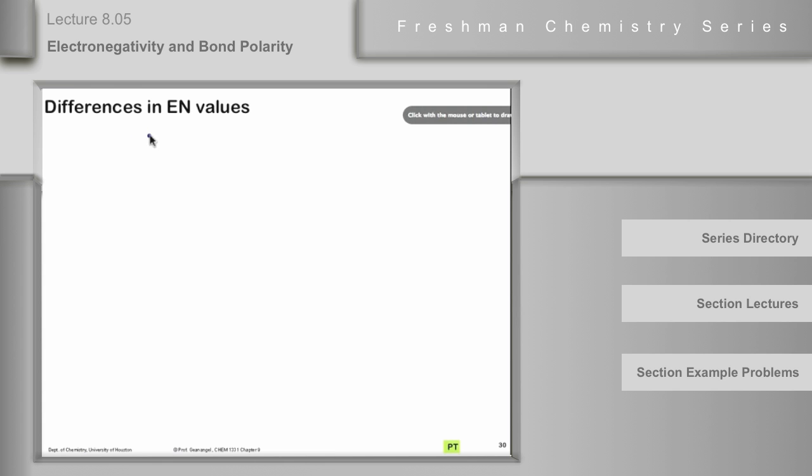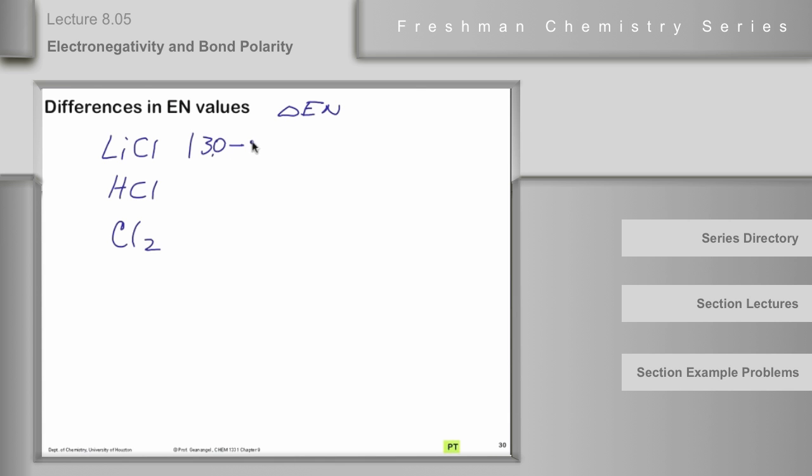So we're going to look at delta En, the difference in electronegativities, and I'm going to look at three compounds: lithium chloride, and hydrogen chloride, and dichlorine. Okay. Delta En for lithium chloride is absolute value of 3.0 minus lithium is 1.0, more or less.